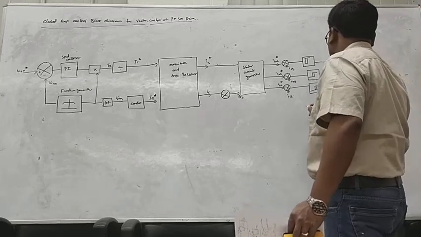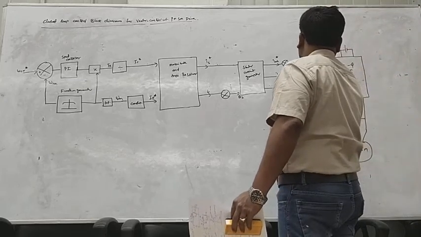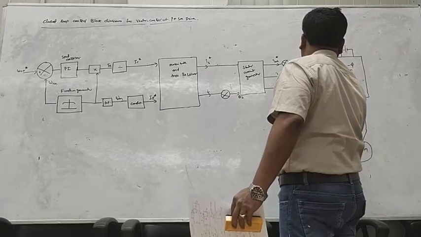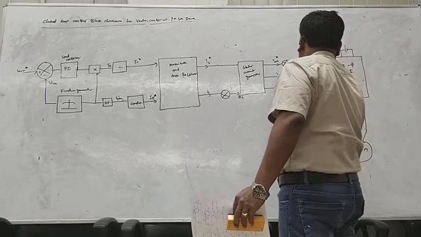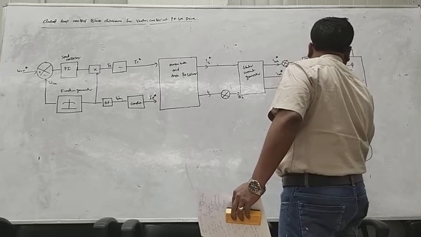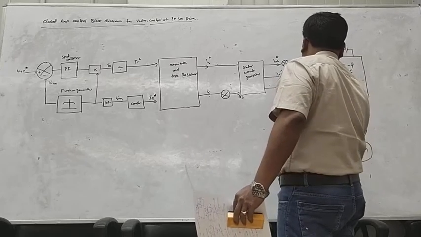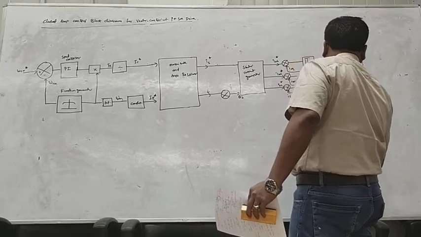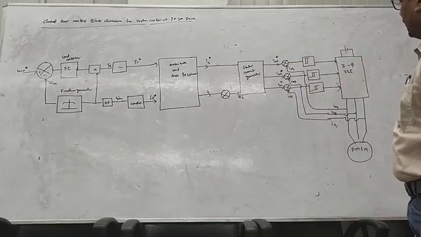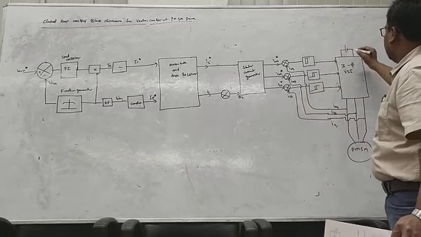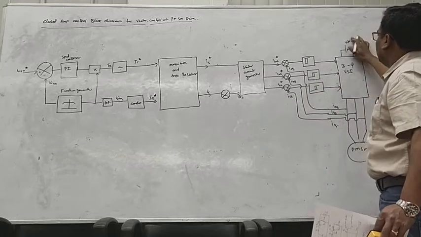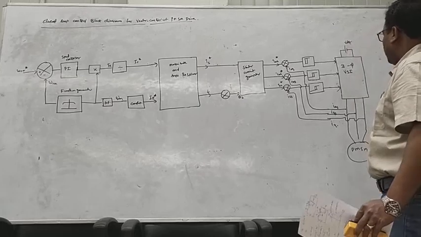So this is IAS, this is IBS, this is ICS. Okay, and this is the hysteresis current controller. And this is VDC, supply DC voltage.